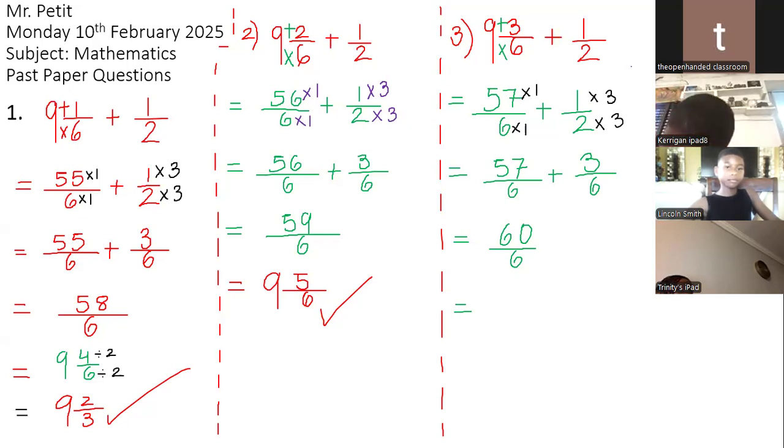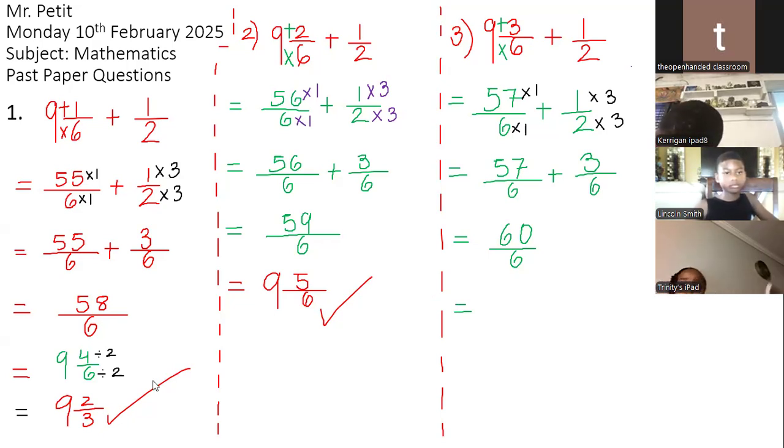So 6 into 60. 6 times what number gives me 60? 10. 6 times 10 is 60, minus 60 is 0.